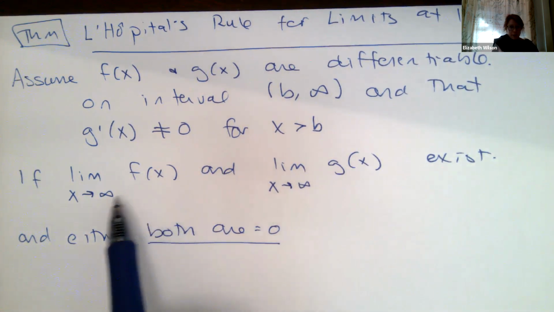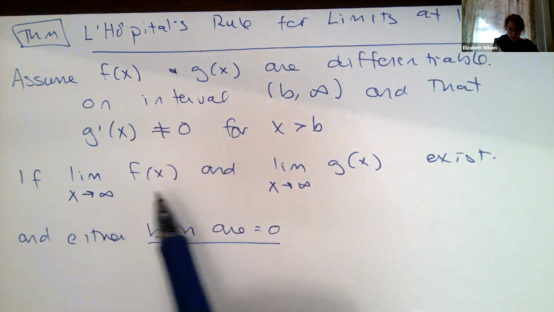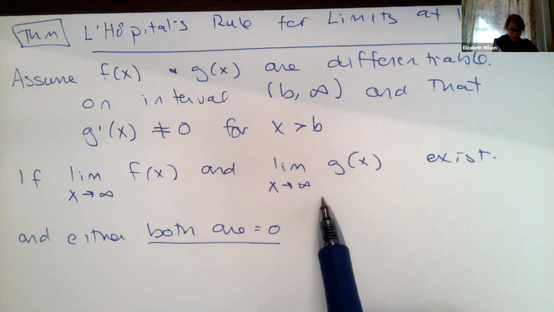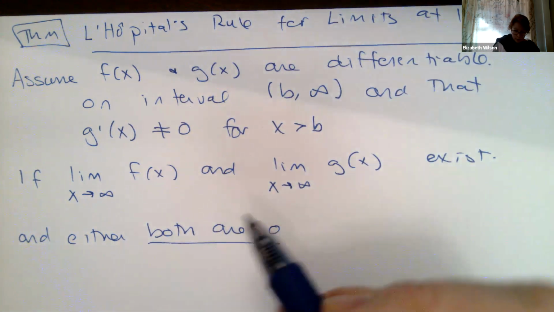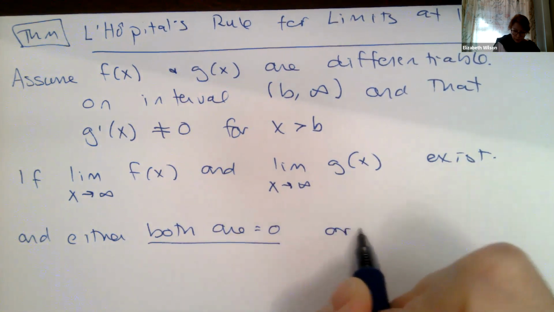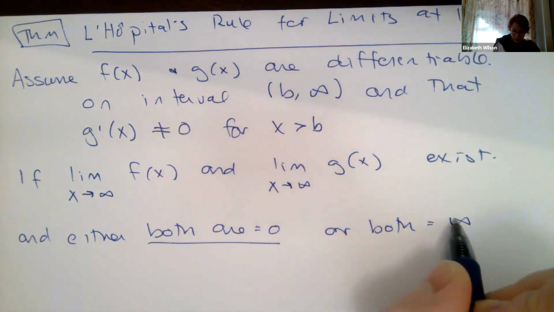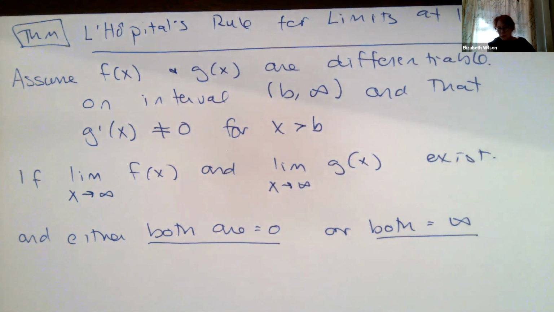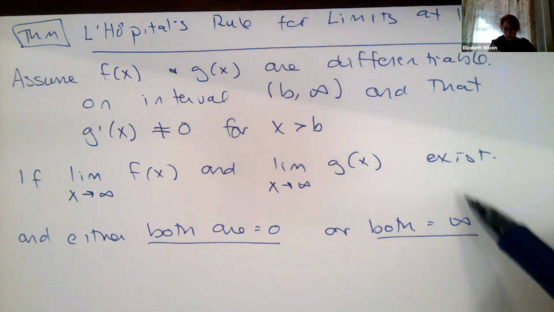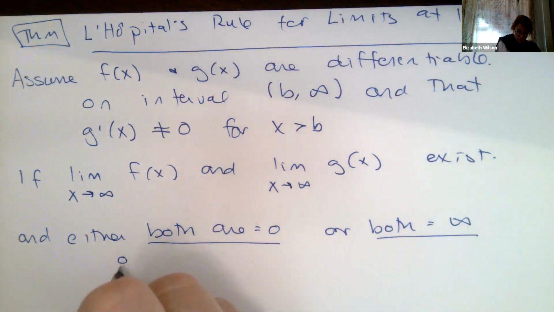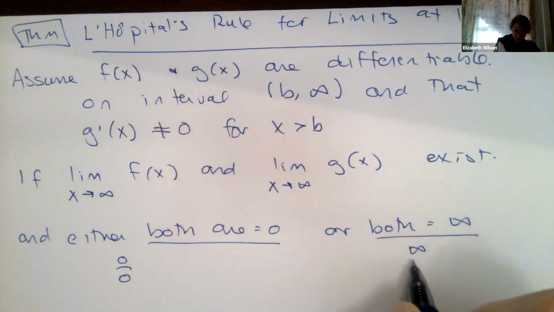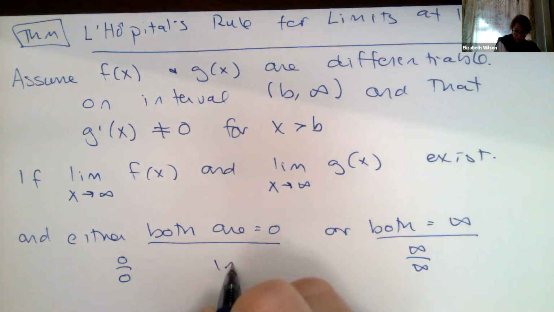So the limit of f as x goes to infinity is equal to 0, and g of x as x goes to infinity is equal to 0, which means I'm going to get a 0 over 0. It's indeterminate, or both are equal to infinity, which technically means it doesn't exist, right? But basically what we're saying is we're setting up an indeterminate form. It's 0 over 0, or it's infinity over infinity. These are indeterminate.